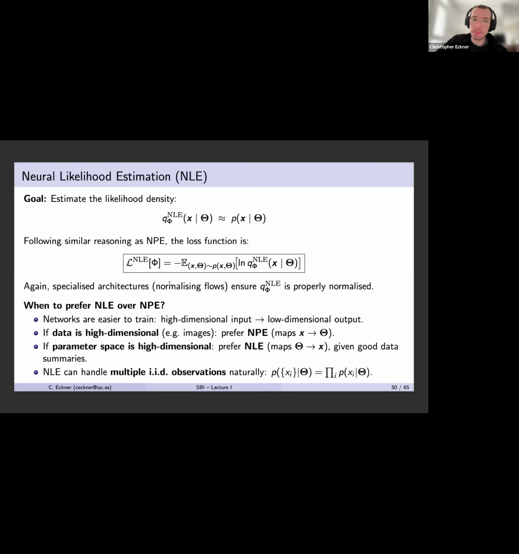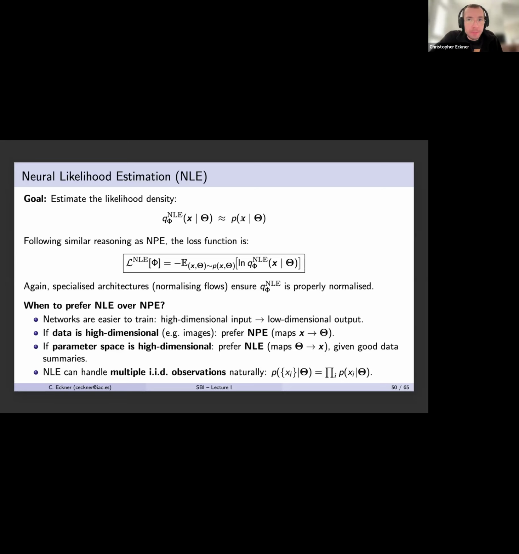Okay. Which brings me very briefly to the next flavor of simulation-based inference. This is neural likelihood estimation. Neural likelihood estimation is now estimating the likelihood density. So exactly this quantity, the marginal of the joint, marginalizing and conditioning on the parameters. Right. So, in principle, it doesn't really change.